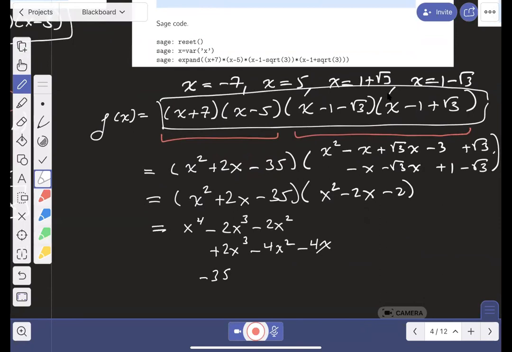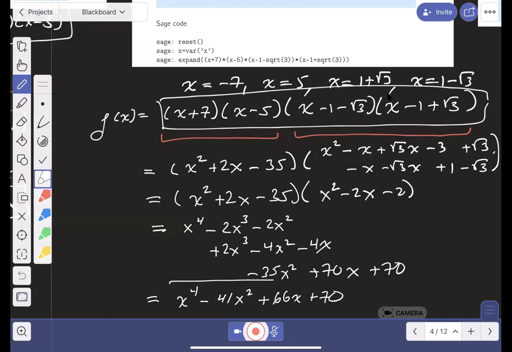Oops, sorry about that. Plus 70x plus 70. What do you get there? x to the 4th, no cubes, minus 35, minus 41, plus 66x, plus 70.